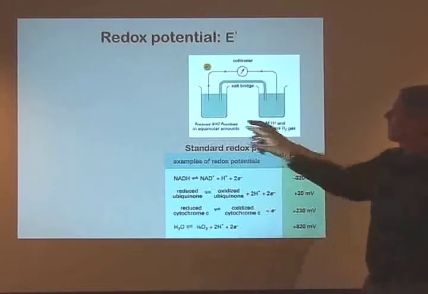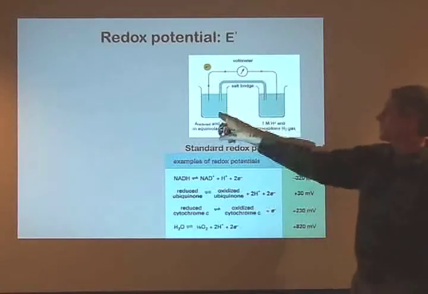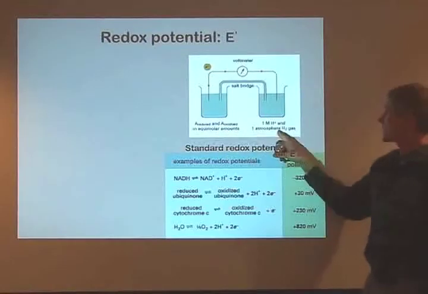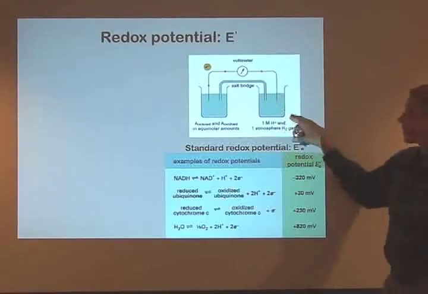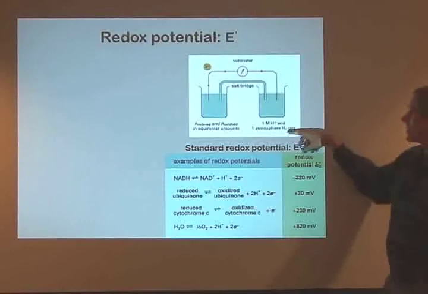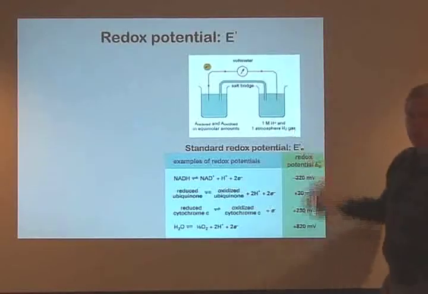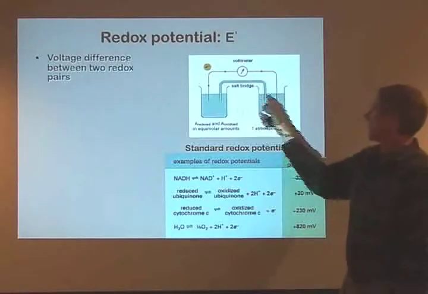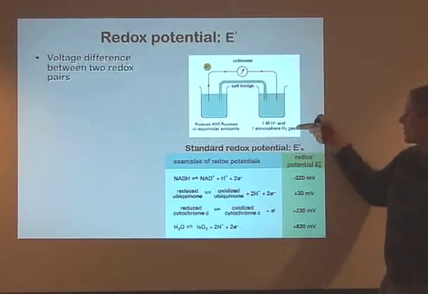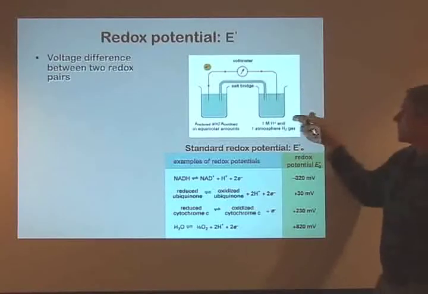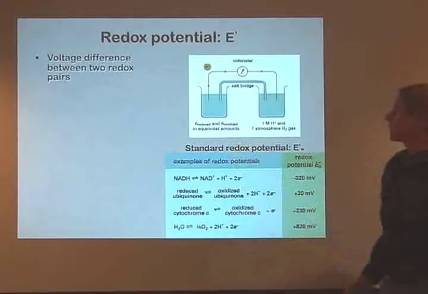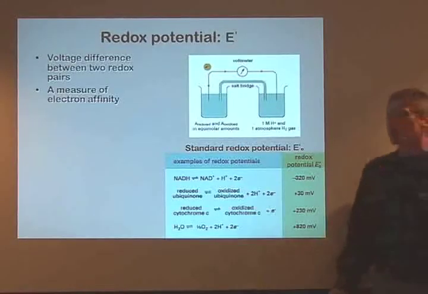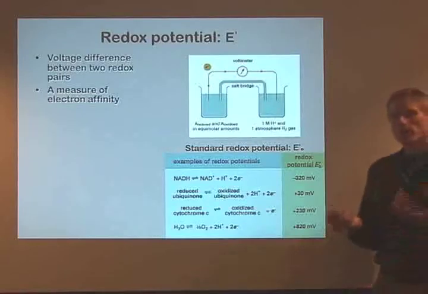So basically you have a voltmeter between two beakers with your compounds of interest, and the reference here is 1 molar protons, 1 atmosphere of hydrogen. So you measure the voltage difference between the reference hydrogen and your redox reaction here, and you can get a number. Okay? It's the voltage difference between the two redox pairs. And it's a measure of electron affinity.